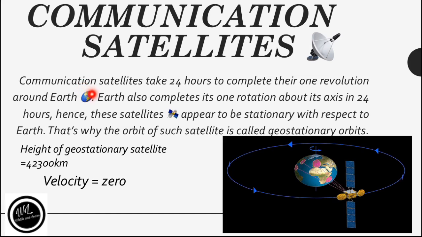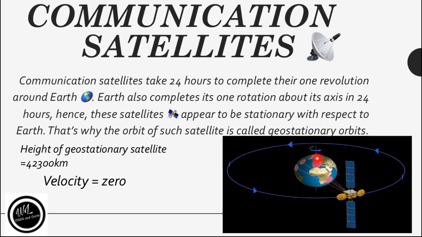There are a large number of artificial satellites which have been launched in different orbits around the earth. They take different times to complete one revolution. Communication satellites take 24 hours to complete one revolution around the earth.